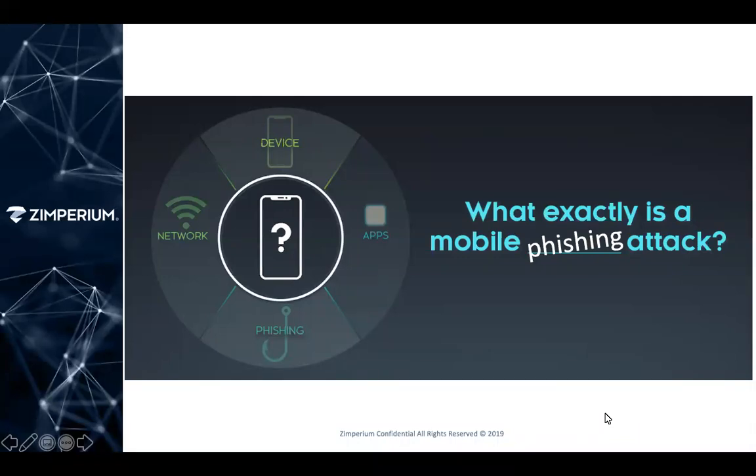Having trained our machine learning detection of phishing sites for years now, we are finally making it publicly available, generally available. We are now the only mobile threat defense company that has machine learning based detection of all 4 vectors on device. So today we're going to be talking about phishing.